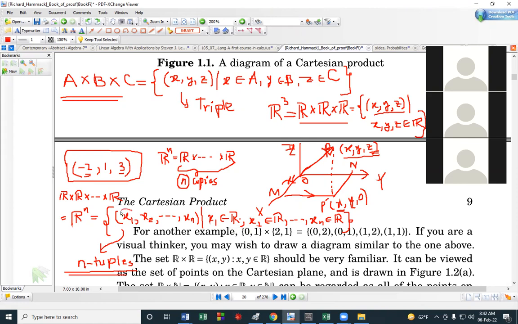So here x1 is an element of this n-tuple, which is a real number. That's why we said x1 is a real number. Similarly, the second component of this n-tuple is again a real number. That's what we said, x2 is another real number. If you keep going in the same fashion, the final element is xn, which is another real number.